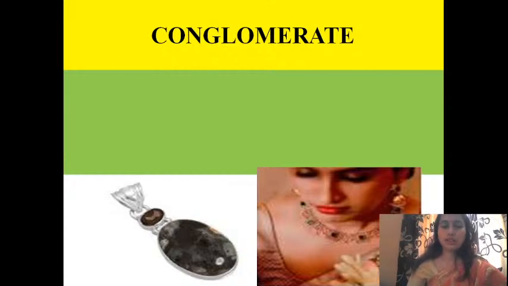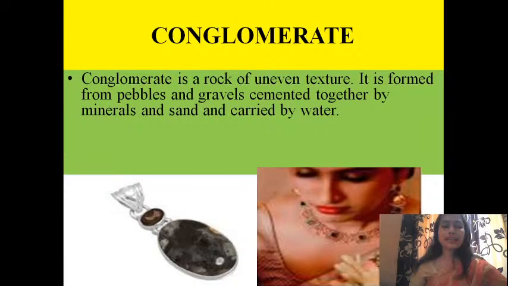You can see conglomerate is a rock of uneven texture. It is formed from pebbles and gravels, right? And it's cemented together by minerals and sand and carried by water. So this rock is made basically of pebbles and gravels.